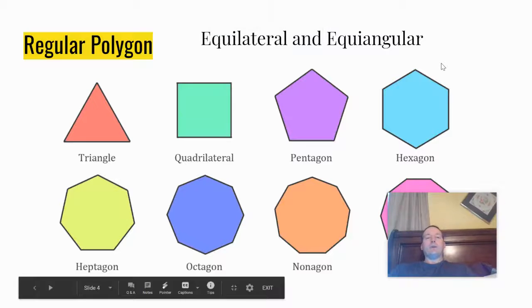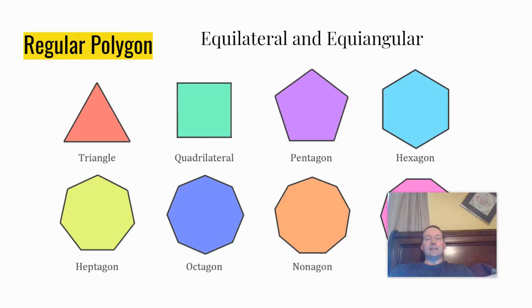Now we're going to look at a different kind of polygon called a regular polygon. These are the polygons that you learn when you first learn the shapes. They are the most restrictive. A regular polygon is where all the sides are equal and all the angles are equal. So an equilateral triangle is a regular triangle. A square is a regular quadrilateral.